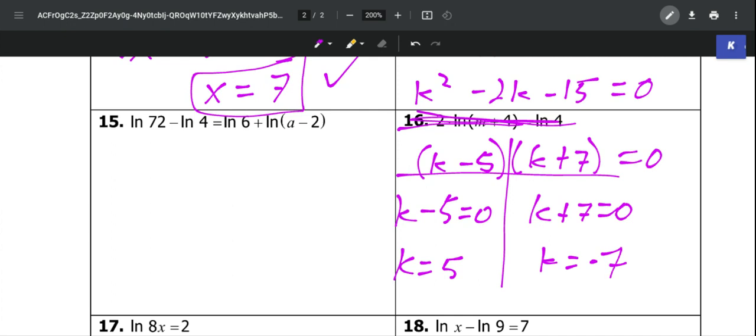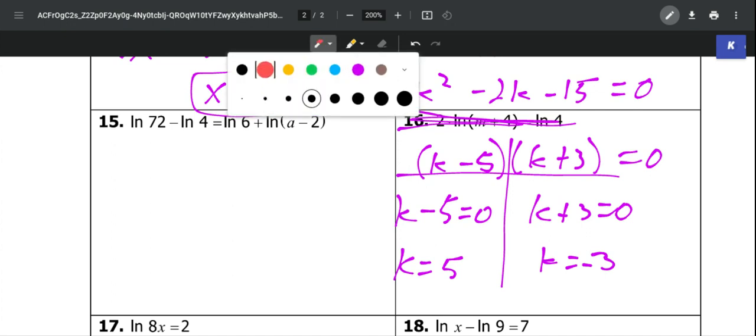We wouldn't use negative 5 and 7. We'd use negative 5 and 3. My bad. I was looking at my notes, and I was reading them totally wrong. Okay, so we would use negative 5 and 3. Then that would give us k is equal to 5, k is equal to negative 3.